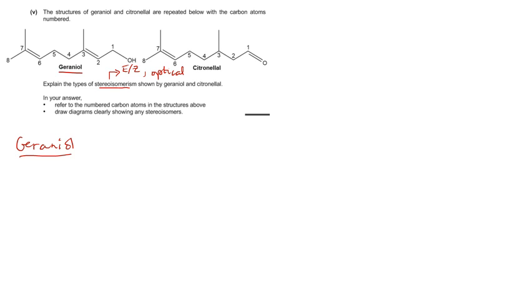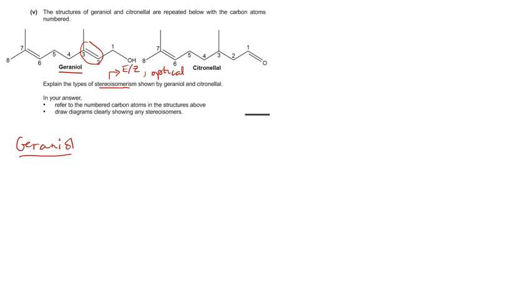And if we have a look at this double bond here, we can see we've got different groups coming off carbon number 3. So the group coming to the bottom of carbon number 3 is different to the group above it, and that's the same with carbon number 2. We've got different groups coming off carbon number 2.